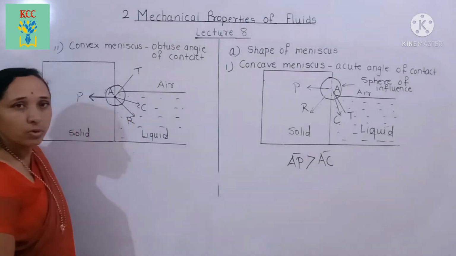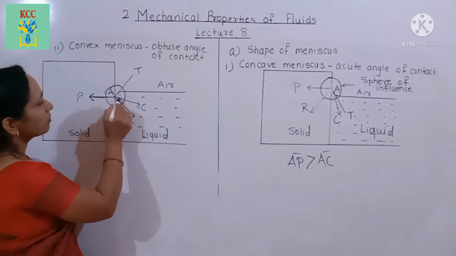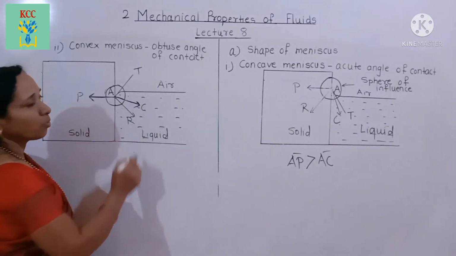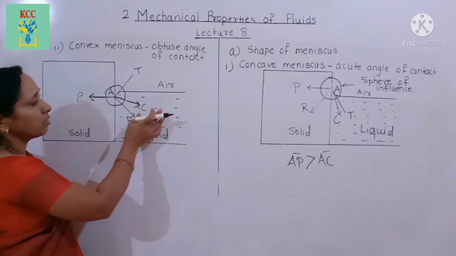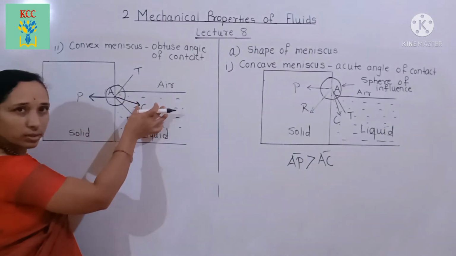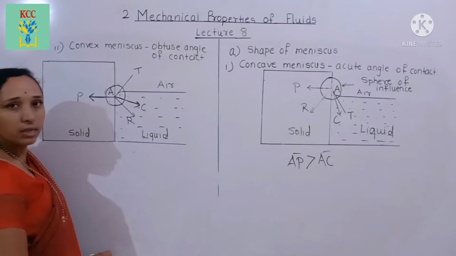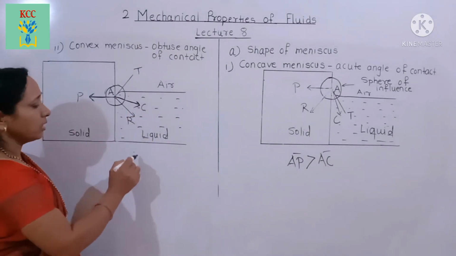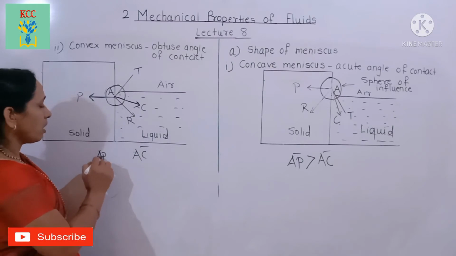And another force acting, that is cohesive force AC bar. AC bar is the cohesive force that is acting due to the mercury molecule. That is the force exerted by mercury molecule on the molecule A, that is cohesive force. AC bar is the cohesive force, AP bar is the adhesive force.